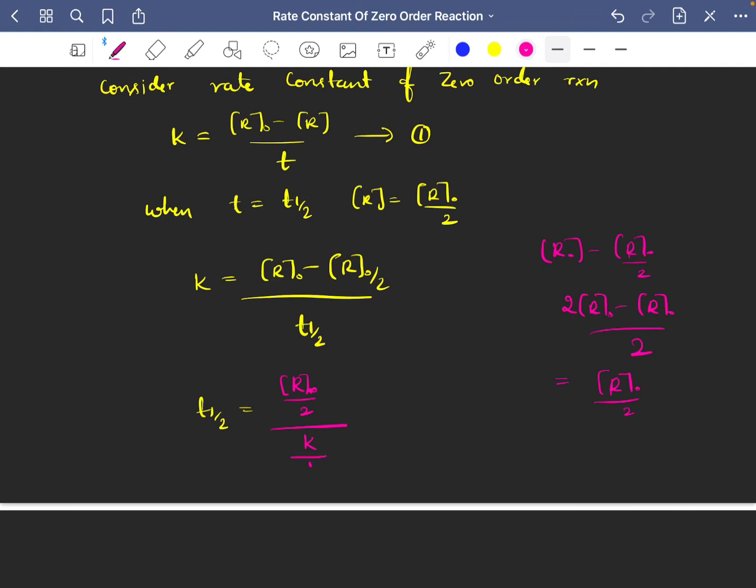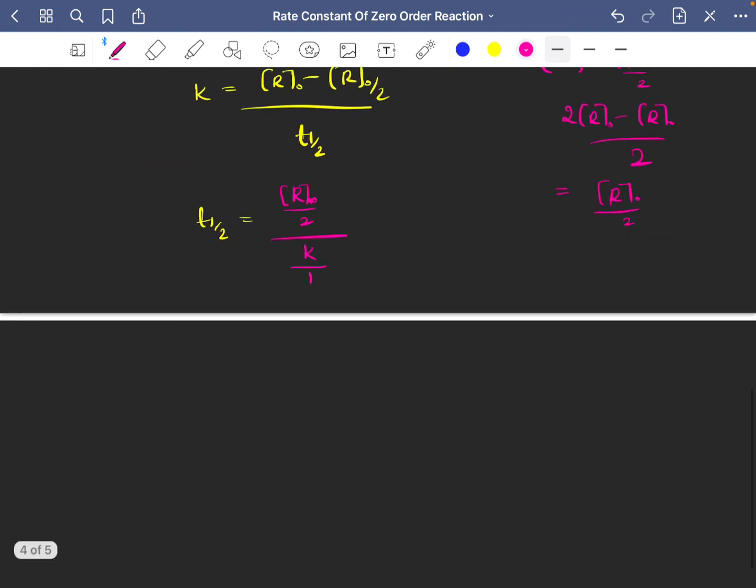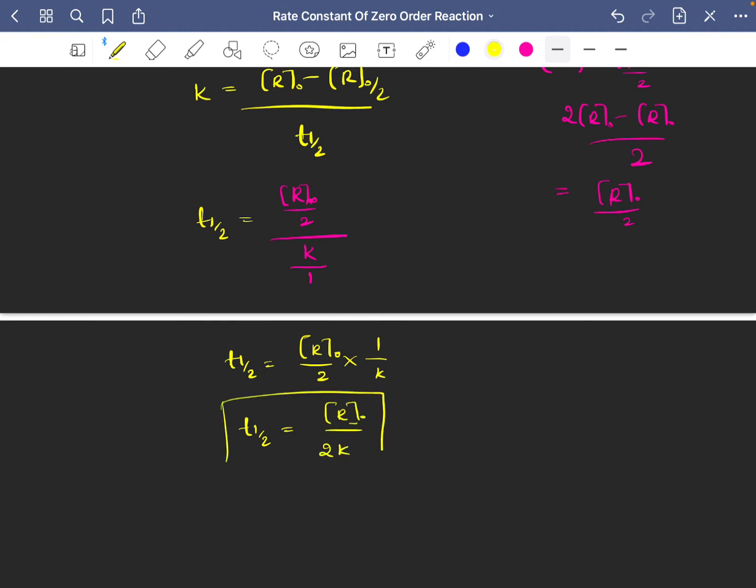If you take 1 here in the denominator, then the expression will be t half is equal to R naught by 2 into 1 by K, that is t half is equal to R naught by 2K. So this is the expression for the half-life of a zero order reaction, right?